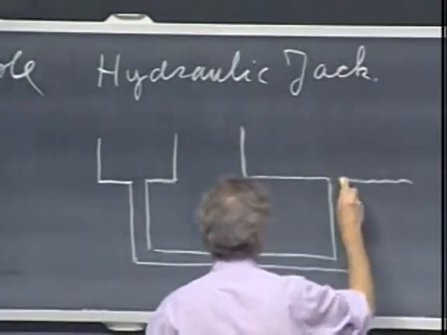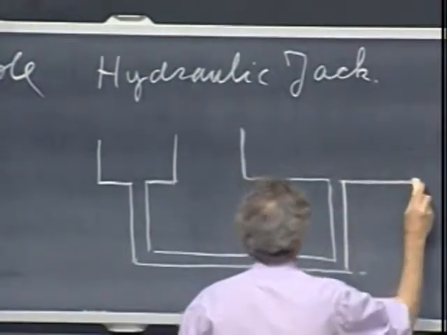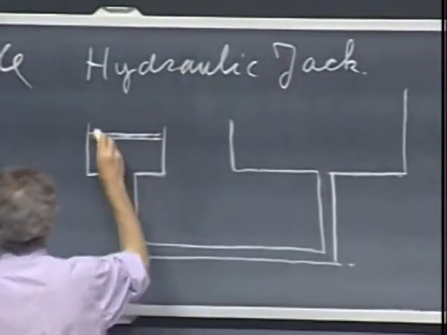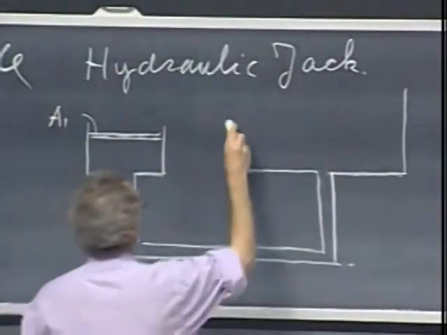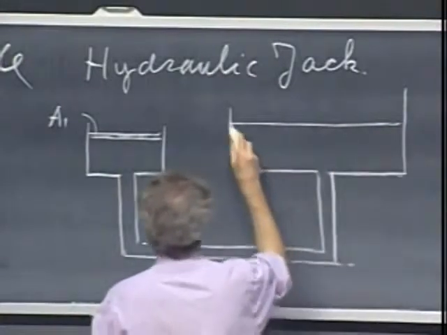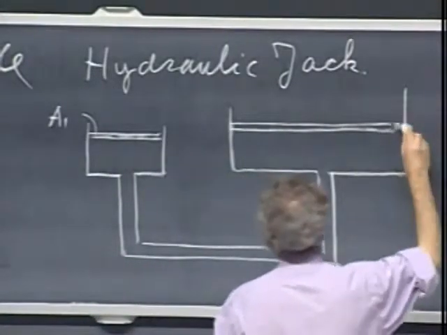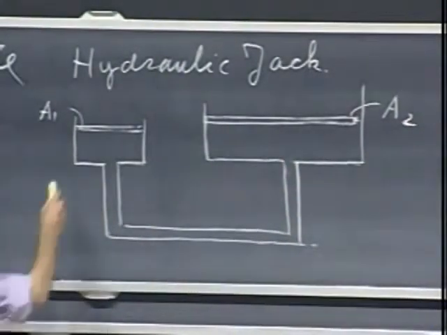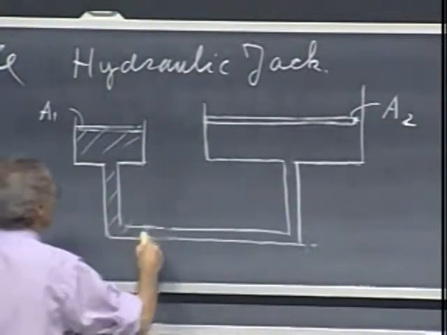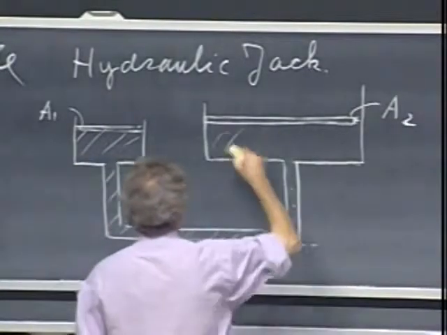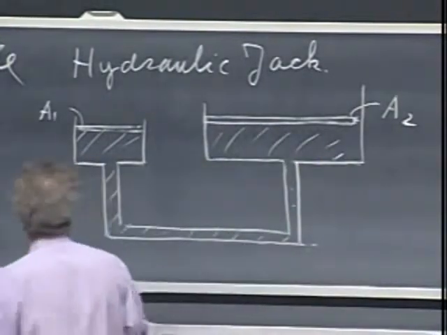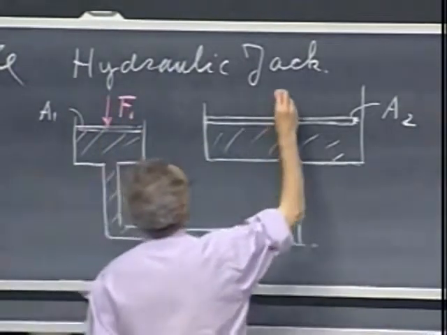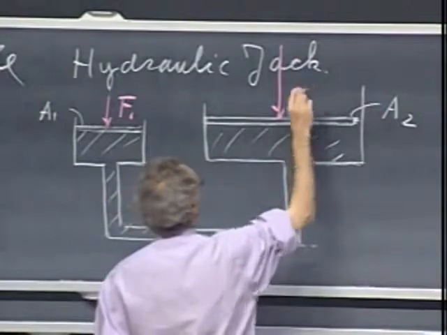I need an opening here. And let there be here a piston on it with area A1, and here one with area A2. It's filled with liquid everywhere, and I apply here a force F1, and here a force F2.